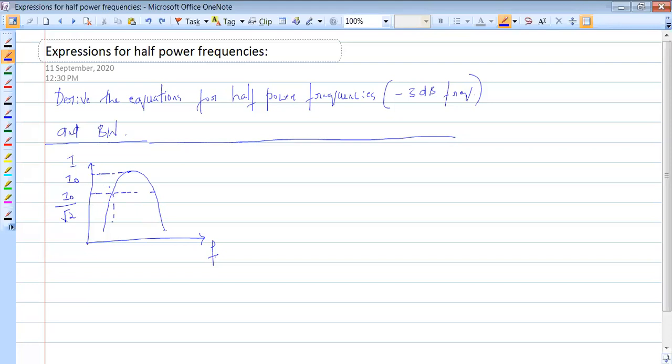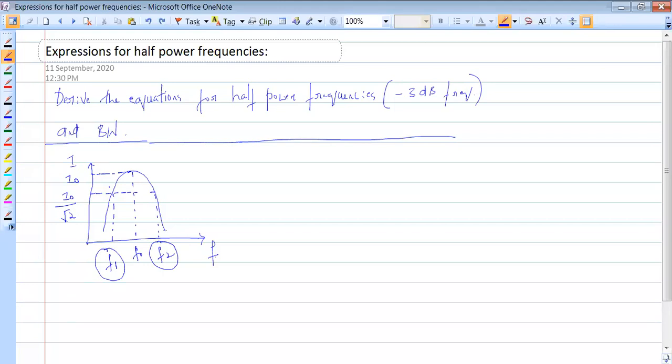So these are the two frequencies they are asking us to find out now. What is that? F1 and F2. And this frequency is F naught, that is called the resonant frequency. We have found the equation for the resonant frequency. So this is what we need to be finding out now. This and this. F1 and F2 we have to find out.